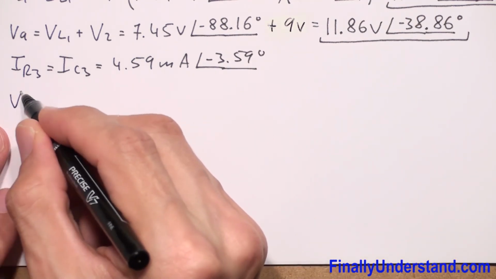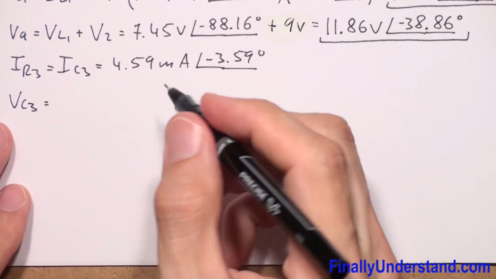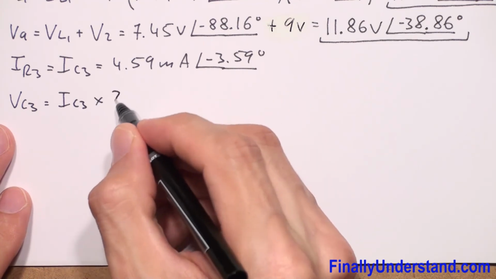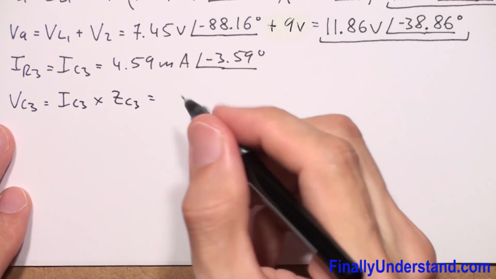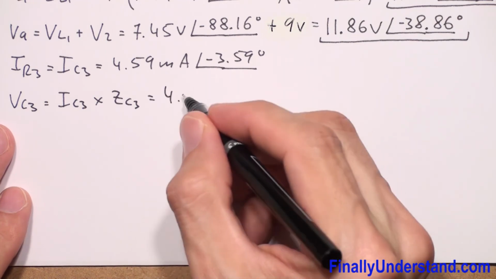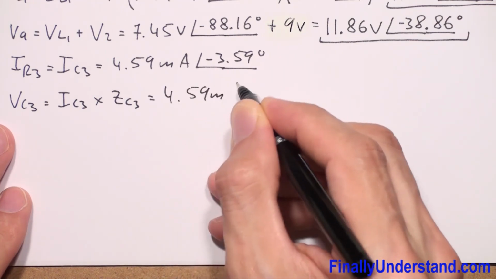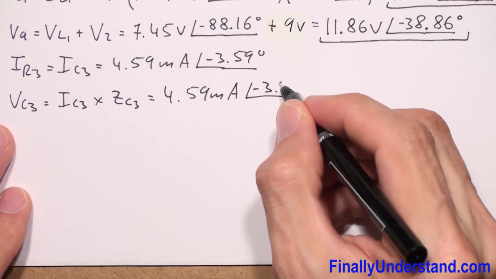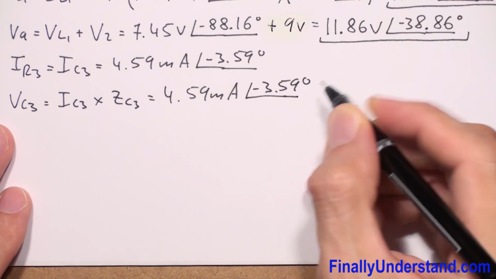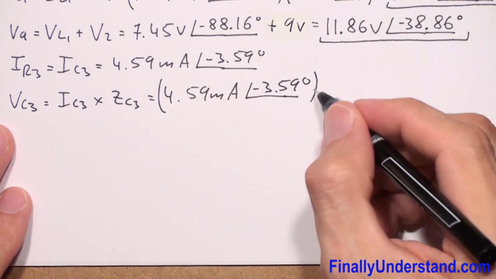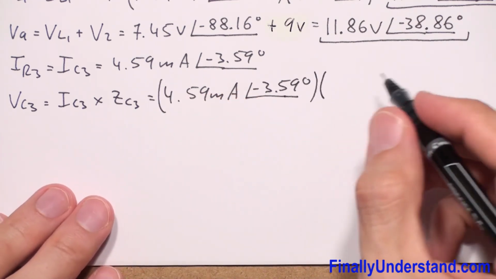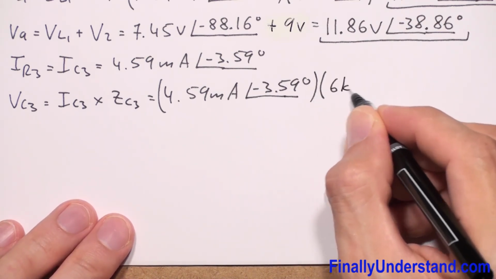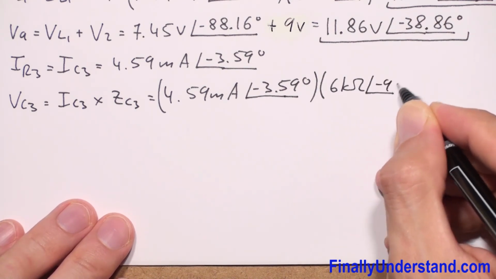So VC3 is equal to IC3 times ZC3, where IC3 is equal to 4.59 milliamps and angle of negative 3.59 degrees times ZC3. We found this is equal to 6 kilohms and angle of negative 90 degrees.